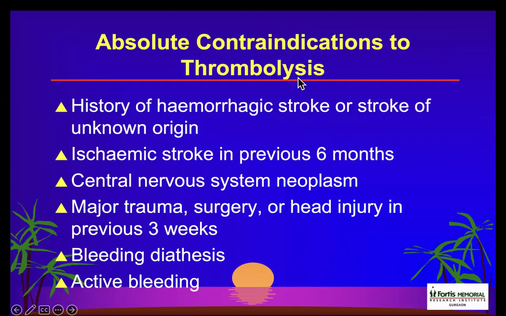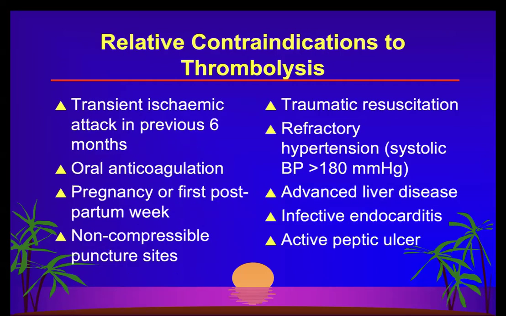One should also be mindful of the contraindications of thrombolysis. The absolute contraindications of thrombolysis include history of hemorrhagic stroke or stroke of unknown origin, ischemic stroke in the previous 6 months, CNS neoplasm, major trauma, surgery, or head injury in the previous 3 weeks, bleeding diathesis, and active bleeding. So these are absolute contraindications. Here you would not go for thrombolysis, but go for other options of reperfusion therapy.